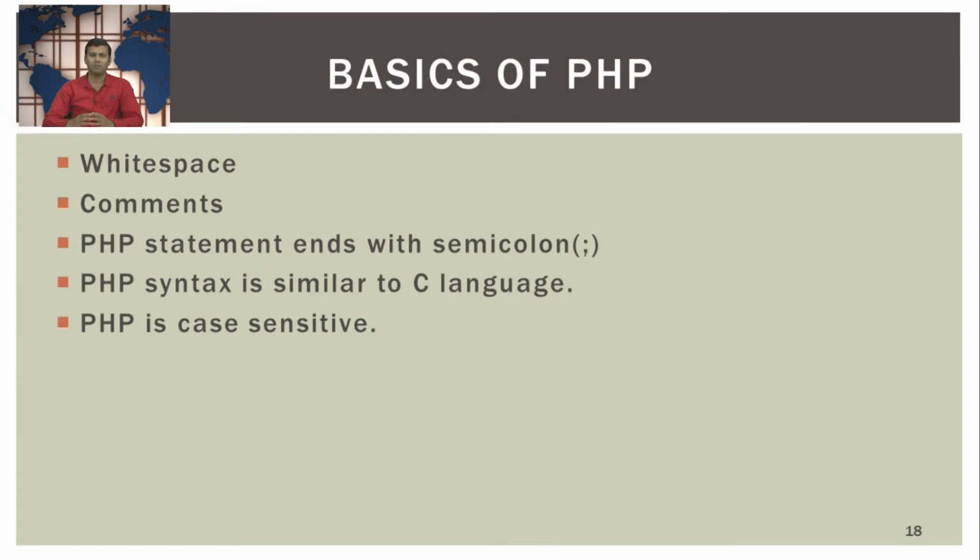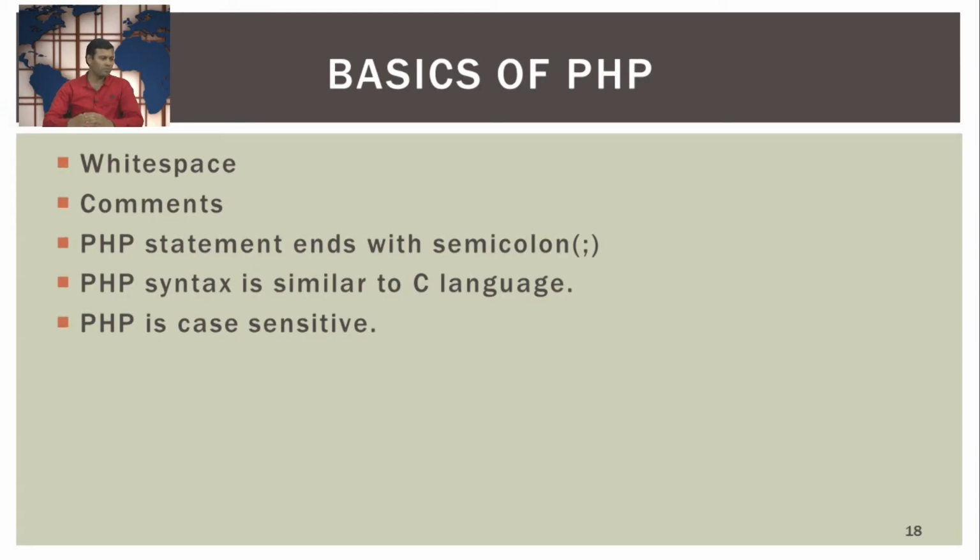The syntax is very similar to C language. If you want to write a single line comment you can use two slashes, and if you want to write multiple line comments use slash asterisk, then write your comments, and to close the comments use asterisk slash. That will help you to write comments. It is said that a good programmer should use comments whenever required.